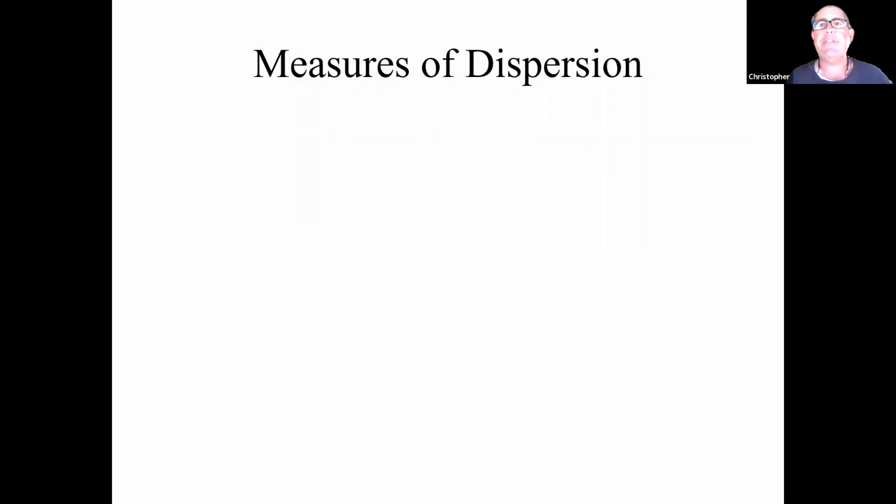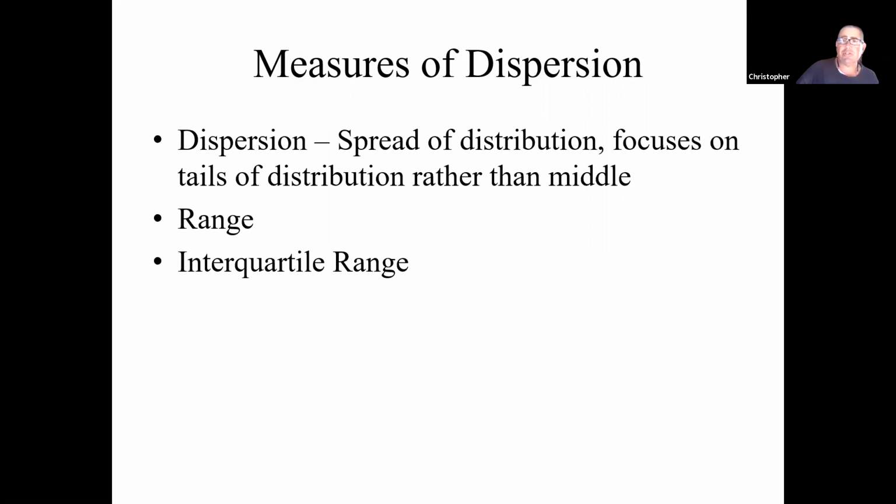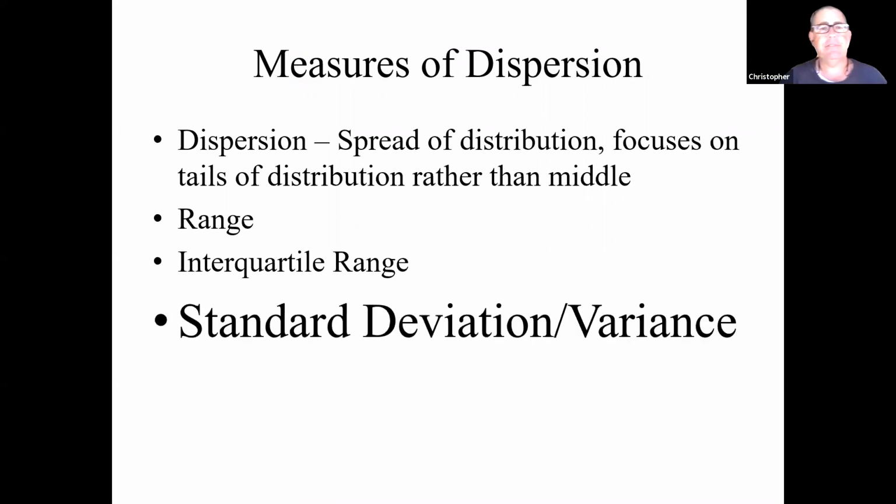So what are the different measures of dispersion? I'll just mention them and then we'll get into them in more detail in a second. So again, we're focusing on the tails of the distribution rather than the middle. The measures that we'll examine are called the range, the interquartile range, the standard deviation and variance. That was much more important for our purposes, which is why it's in a larger font.